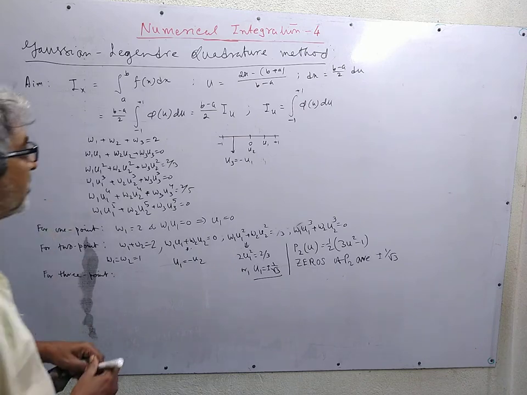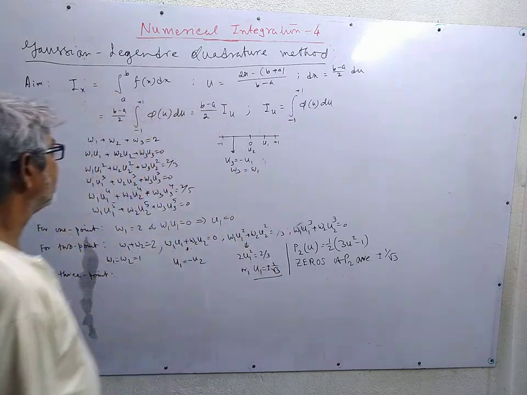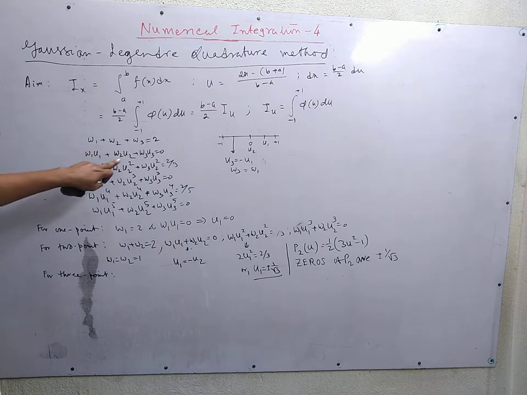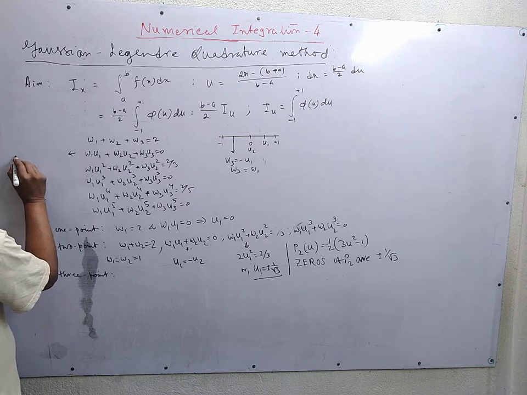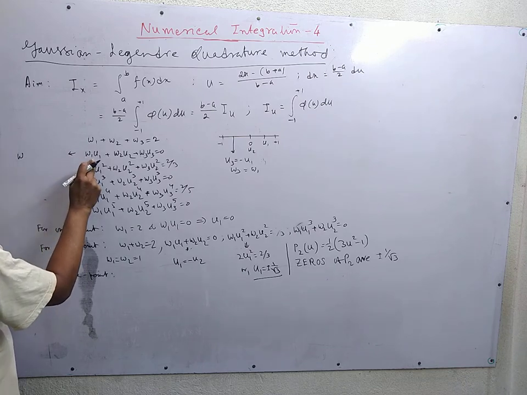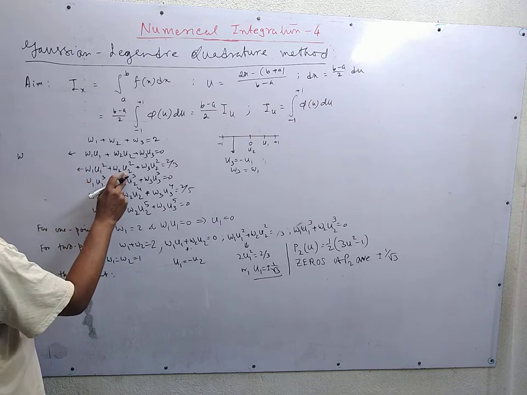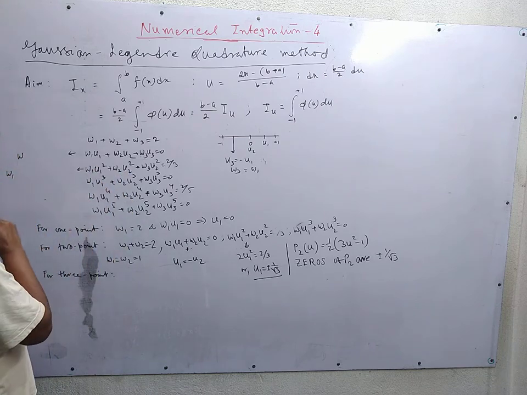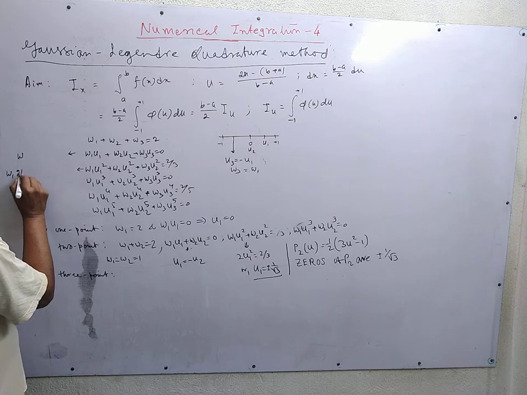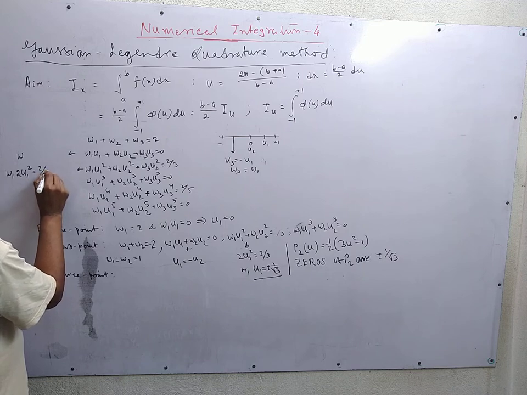And furthermore, w3 must be equal to w1. So this equation becomes very important. Since this is 0, this equation gives you simply u1 is equal to minus u3. This part does not contribute because u2 is 0, so we have w1 twice u1 square, because u1 and u3 are same, is equal to 2 by 3.